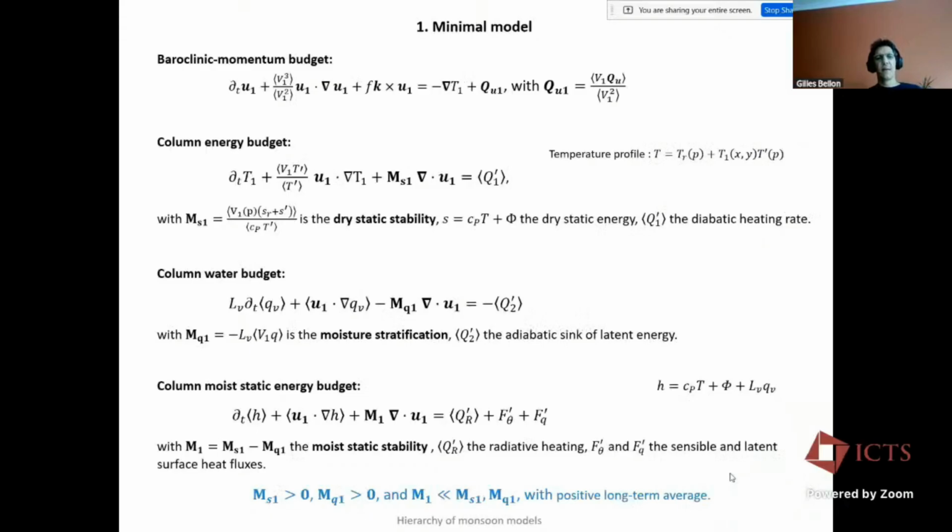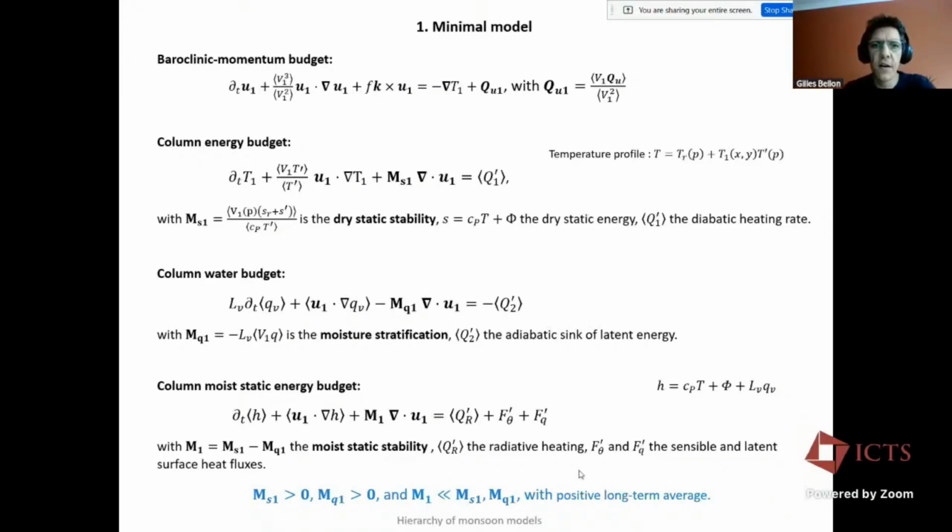So this is what you will get in terms of a first baroclinic model. You get one equation for the wind, one energy equation for the column energy budget, one equation for the column water budget, and you can combine those two into a budget for the moist static energy of the column.